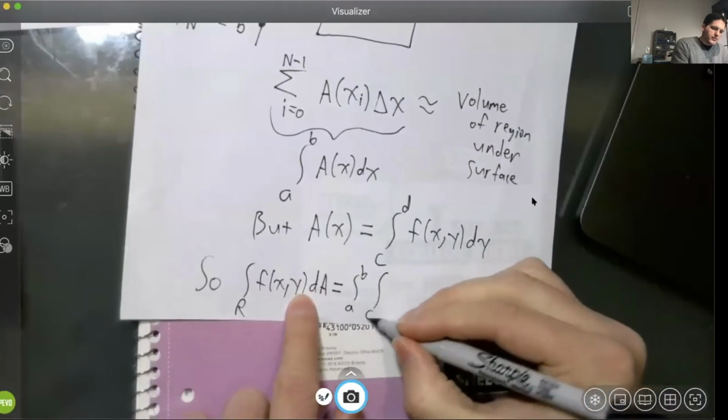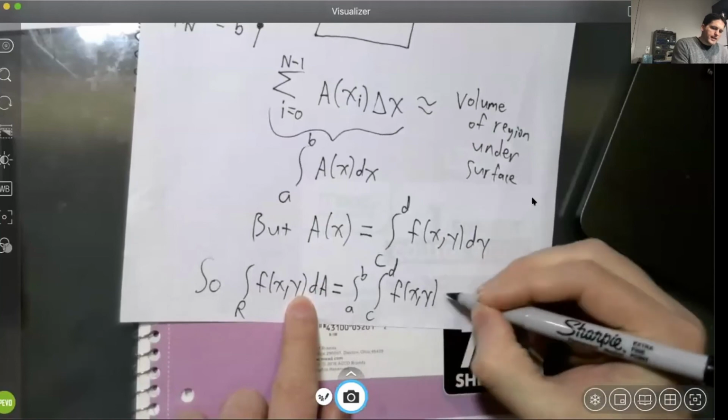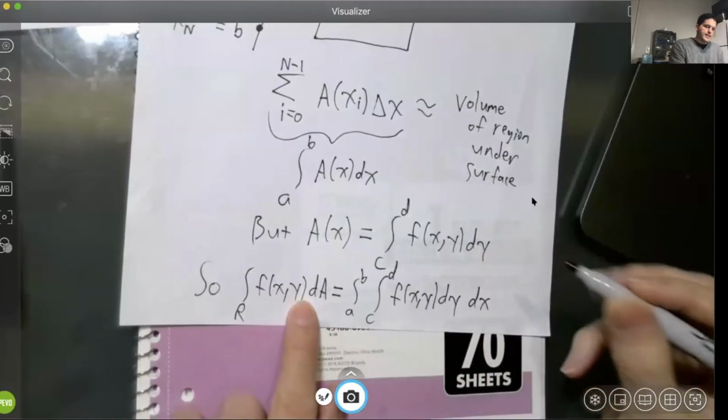So we have the integral from c to d of f of x, y, dy, and then dx.